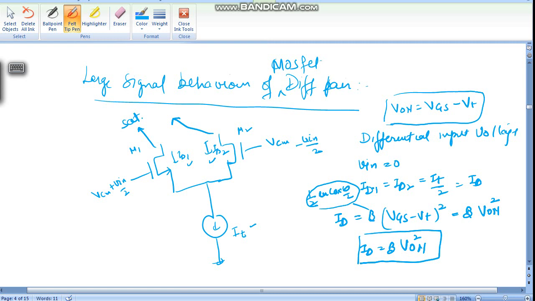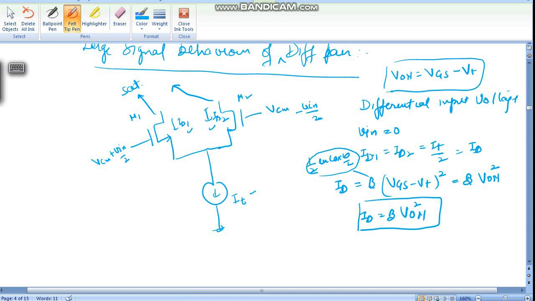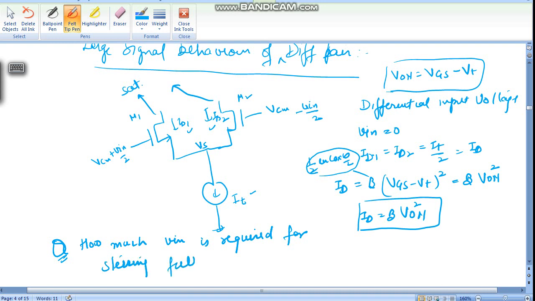Now we need to find out how much V in is required for steering full current from M2 to M1.